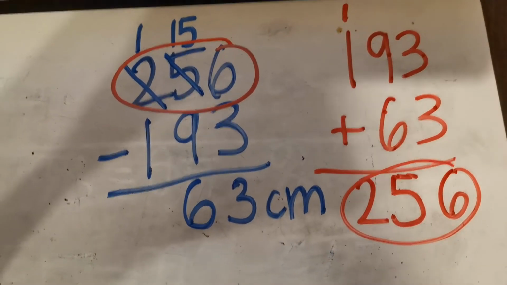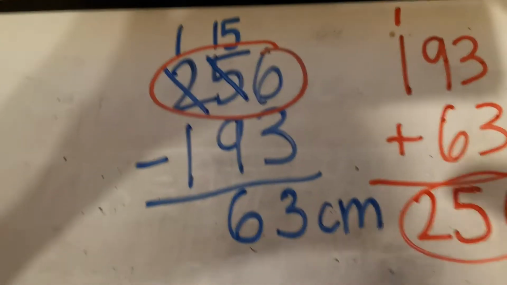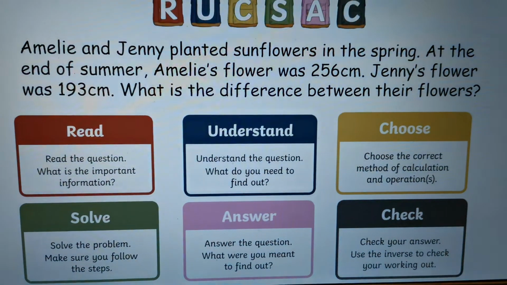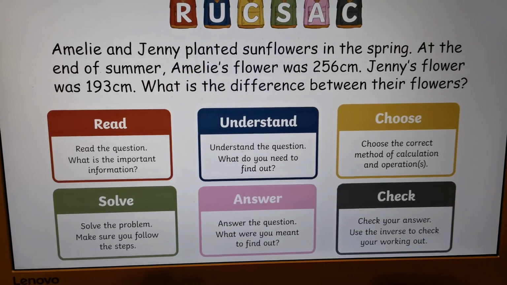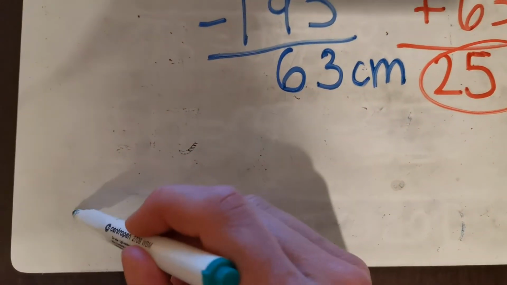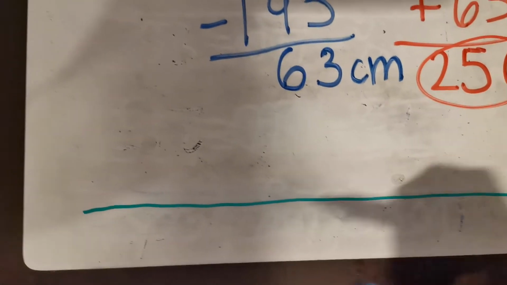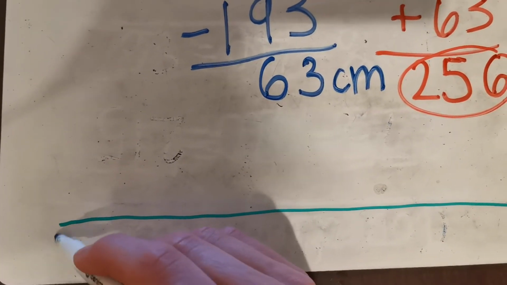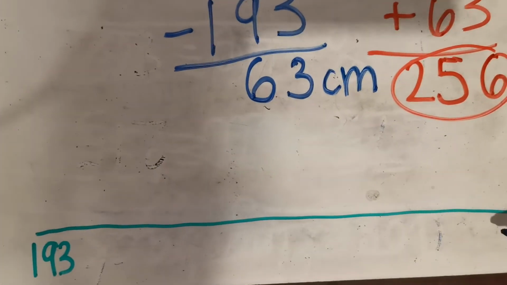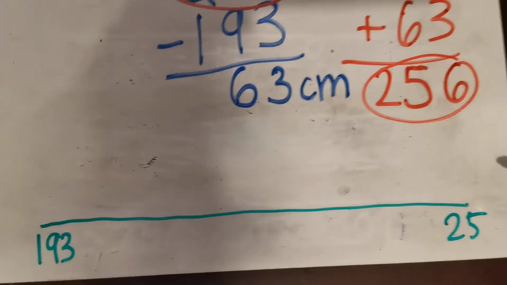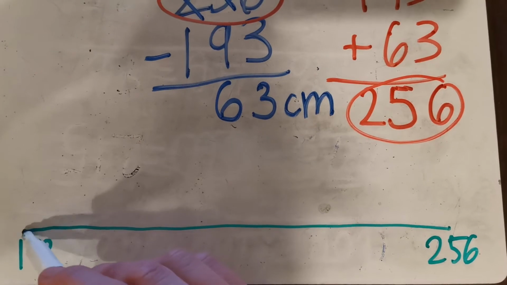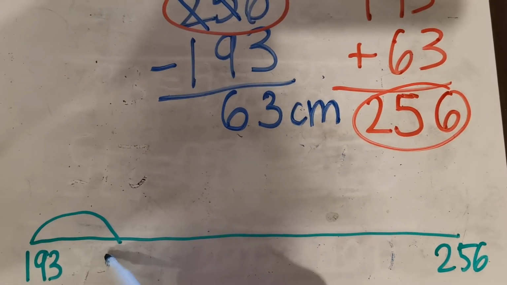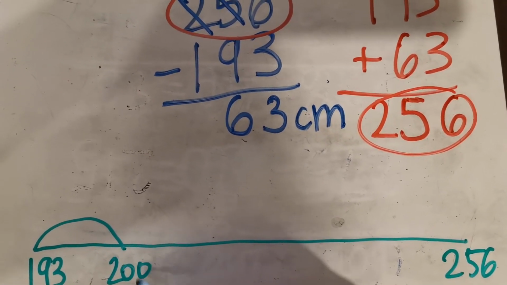Now, if you're still not feeling super comfortable with the column subtraction, you could find the difference between 256 and 193 by doing the good old number line. 193, 256. Okay, 193, jump to 200.